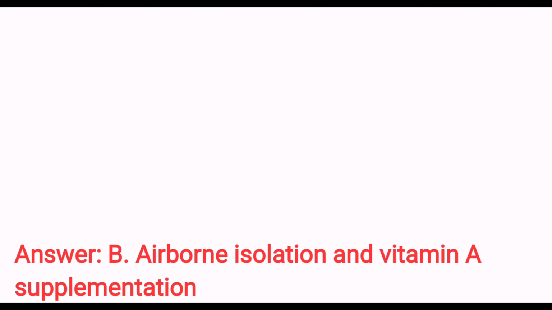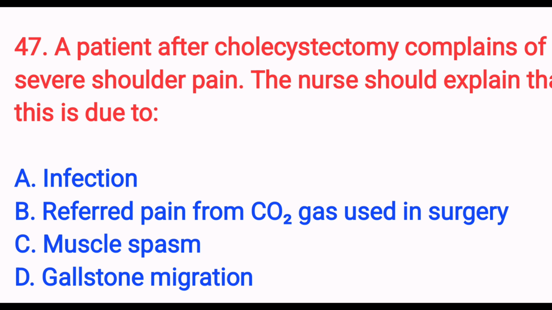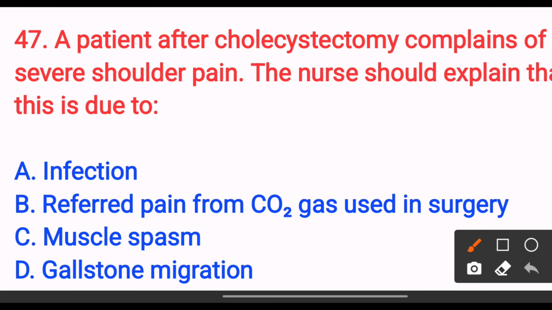Next, a patient after cholecystectomy complains of severe shoulder pain. The nurse should explain that this is due to: option A, infection; option B, referred pain from CO2 gas used in surgery; option C, muscle spasm; option D, gallstone migration.